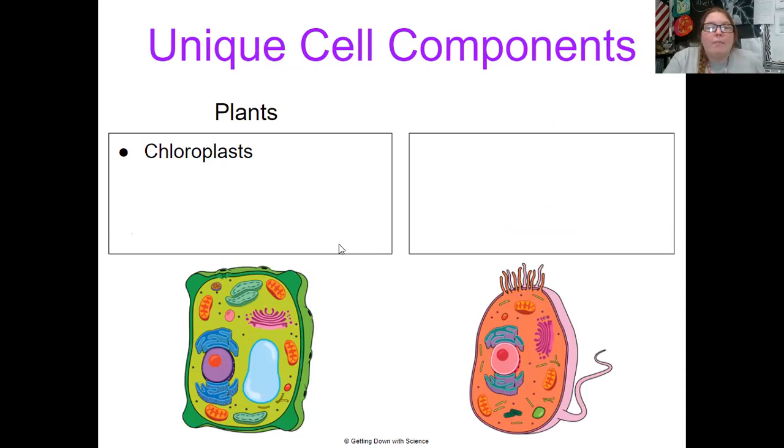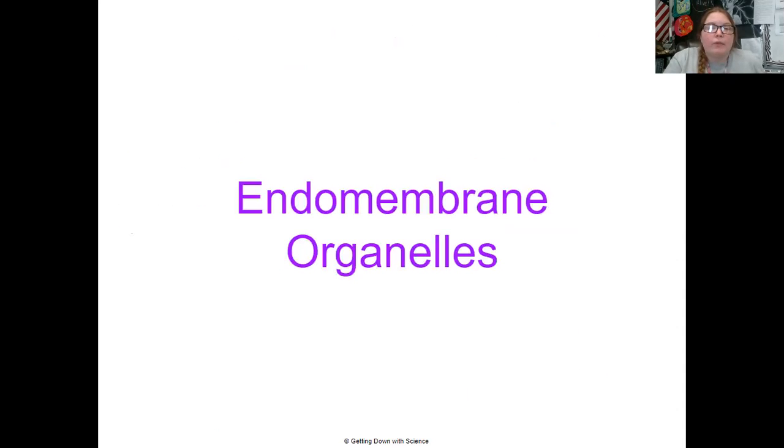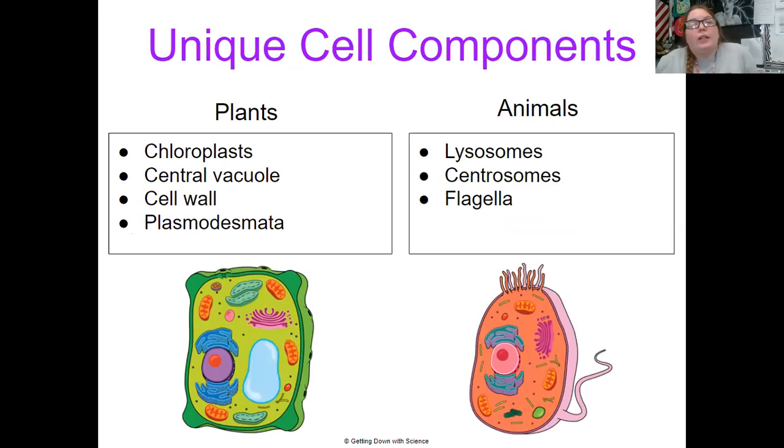All right, so there's some organelles that are unique to plant cells and some that are unique to animal cells. Okay, you are going to need to know this. Chloroplasts obviously are only in plant cells, with a big asterisk that when we get to microorganisms, sometimes they do weird stuff, okay? But for our purposes, plant cells have chloroplasts. They have a large central vacuole.